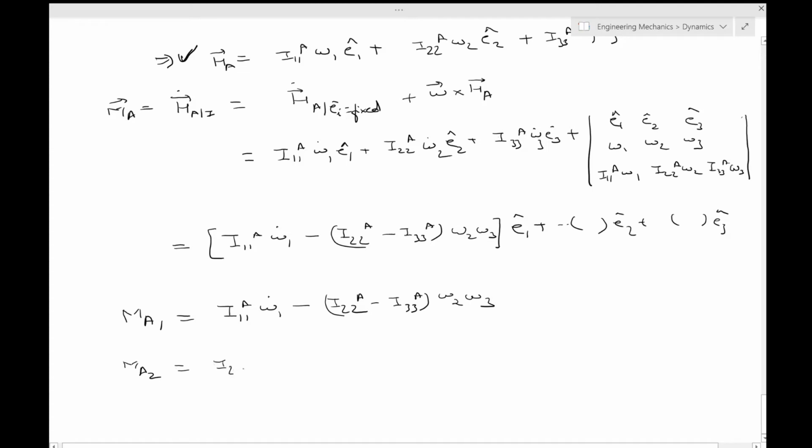The second is I22 of A omega 2 dot minus I33 of A minus I11 of A omega 3 omega 1. Similarly, the third component of the vector MA is I33 of A omega 3 dot minus I11A minus I22A omega 1 omega 2.